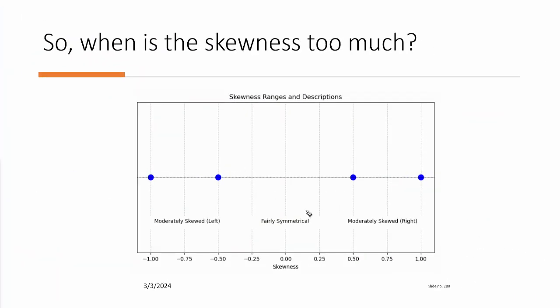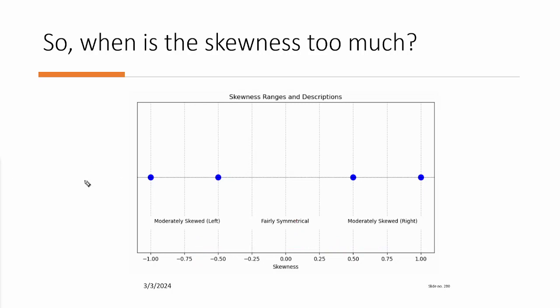The guideline is, if your skew value, which can be computed by SciPy, falls under this region, plus or minus 0.5, that's fairly okay. Anything above would be positively skewed, and anything on this side would be negatively skewed.